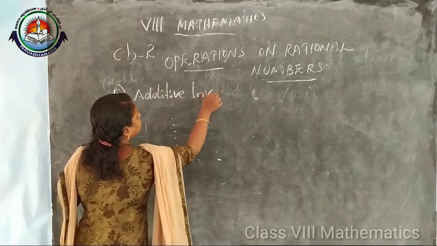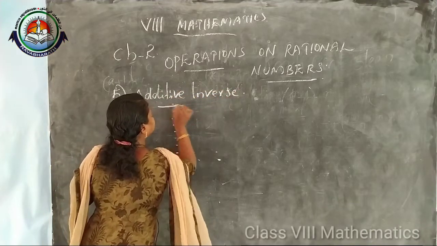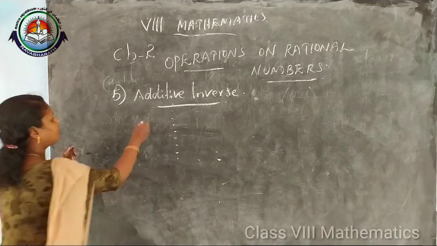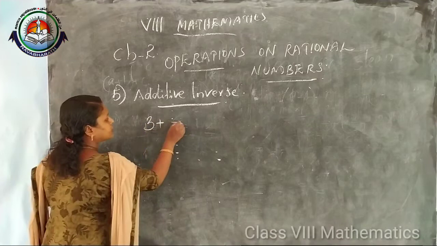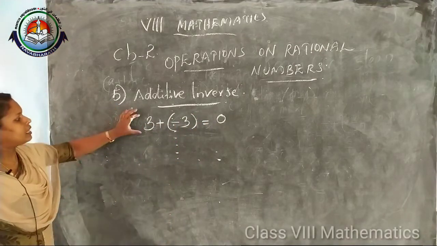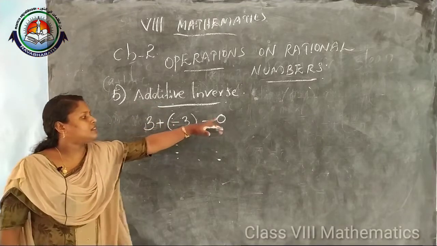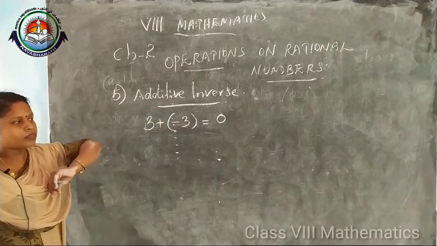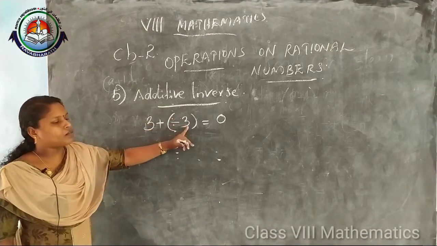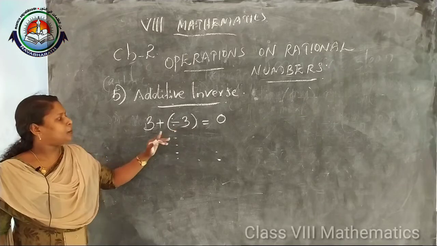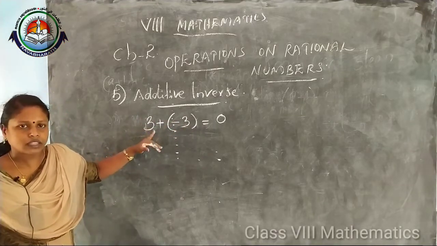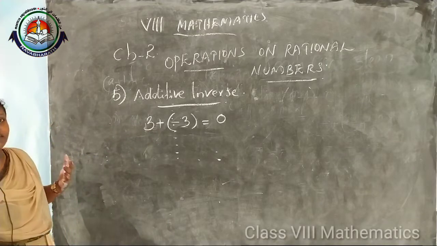Okay, additive inverse means, what is 3 plus negative 3? 0. 3 plus negative 3 is equal to 0. So we can say that 3 is the additive inverse of negative 3 and also negative 3 is the additive inverse of 3.